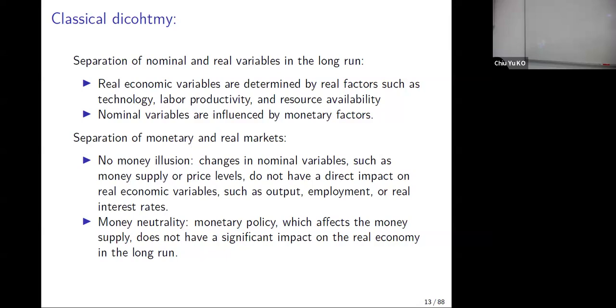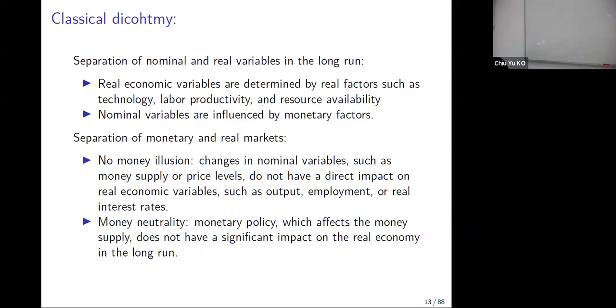That's what they call money neutrality. In the long run, printing more or less has no particular impact. Of course, the short run is different, but the long run has no impact. That is what they call no money illusion. What it means is that printing more money in the long run should not affect our wage rate.